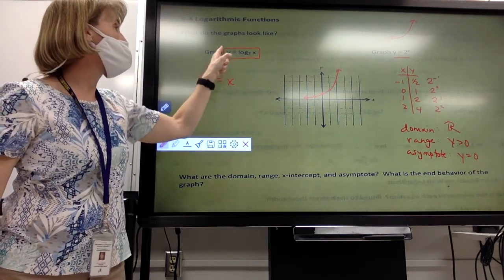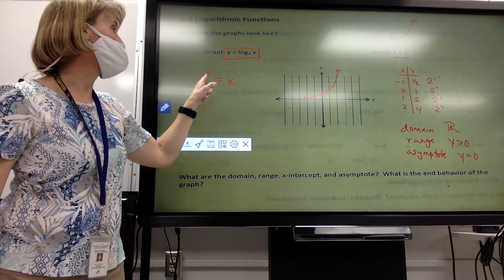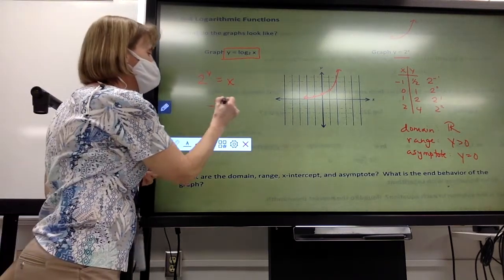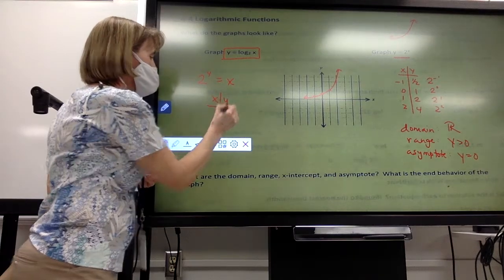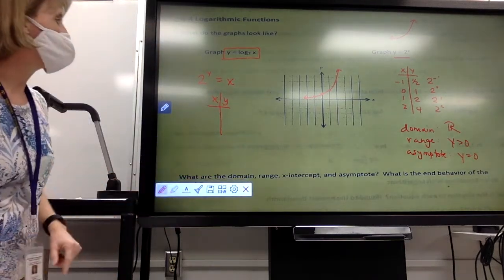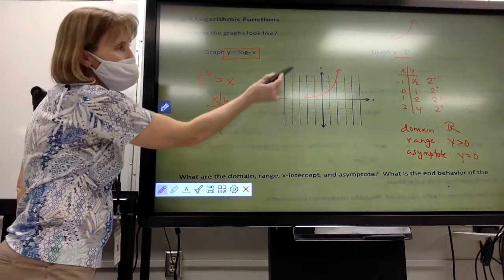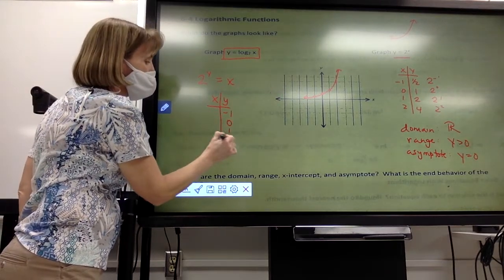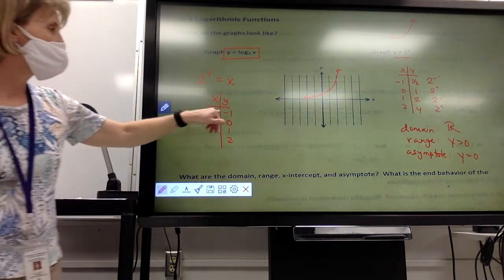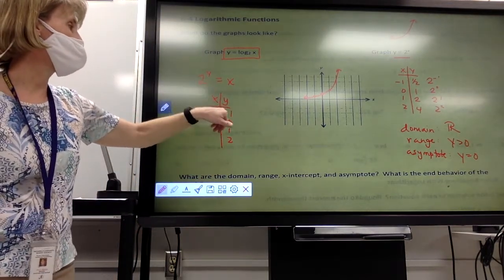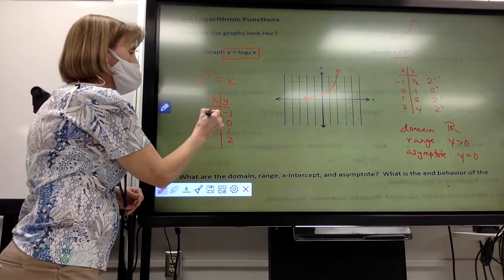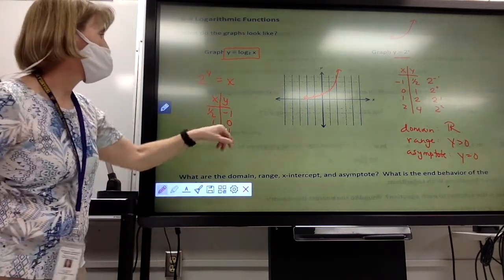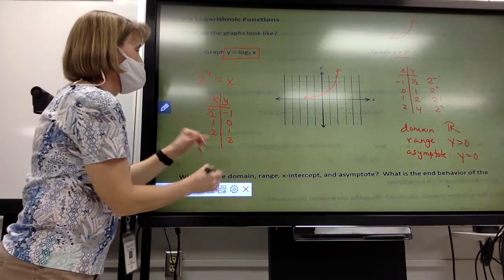The exponent's always over here on the other side of the equal sign, and then x. So I make a table of values. This time, I'm putting in values for y. If I took the same values that I plugged in for x over there and put them in for y, I'd get the same values, right? 2 to the negative first would be 1/2. 2 to the 0 would be 1. 2 to the first, 2 to the second.